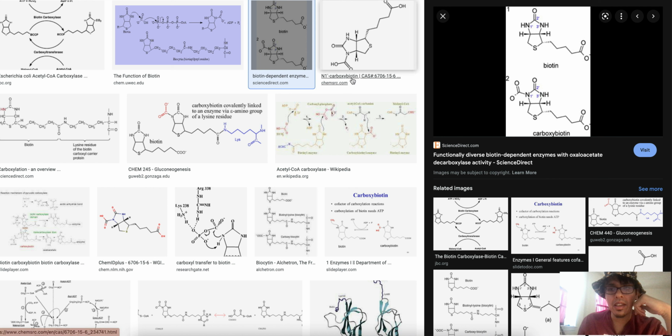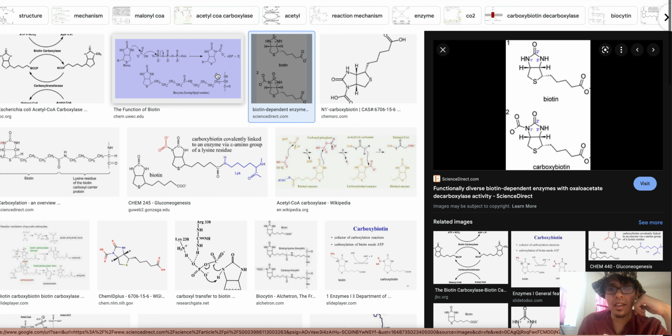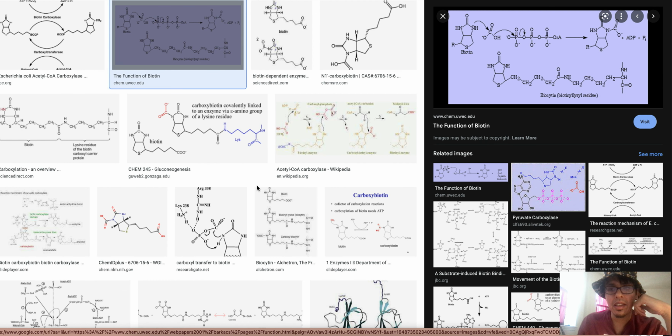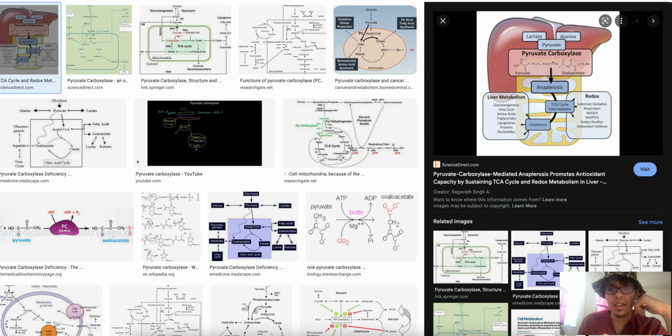and form carboxybiotin. Okay, so biotin and carboxybiotin can then go through the process of, there's a lot of biochemistry involved here, and I'm going to go into carboxybiotin biochemistry at some point in the future, but at this point we'll just say that then the enzyme's action, remember the enzyme that we're talking about is pyruvate carboxylase.